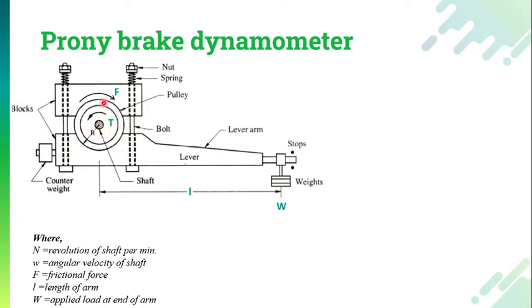Due to that the whole pulley system will rotate, and as the pulley rotates, the wooden blocks against the pulley will try to apply some friction force on the pulley. Whenever the friction force is applied, the whole dynamometer will try to rotate.